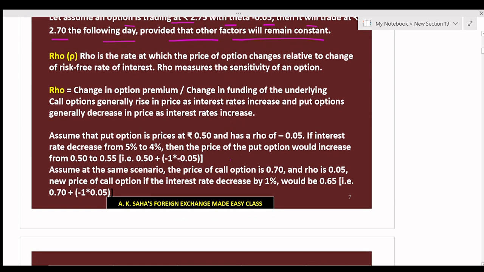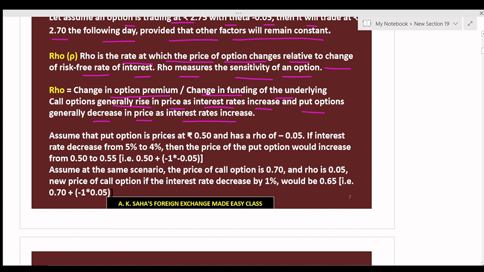Next comes rho, that is the rate of interest. Rho is the rate at which the price of an option changes relative to a change in the risk-free rate of interest. Rho measures the sensitivity of the option. Option rho is equal to change in option premium divided by change in funding of the underlying. Call options generally rise in price as interest rates increase, and put options generally decrease in price as interest rates increase.